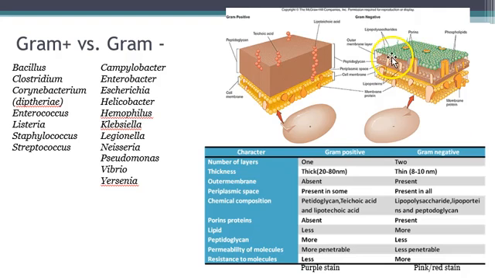If the drug is specific to peptidoglycan, for example, the likelihood of that drug binding to peptidoglycan here is much higher compared to the likelihood of it binding to peptidoglycan here. That's just one example, and there are others.